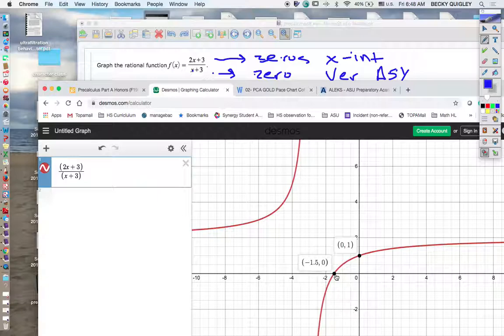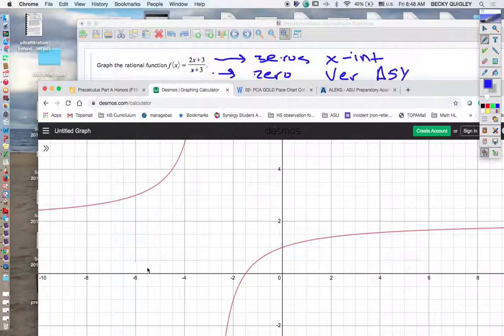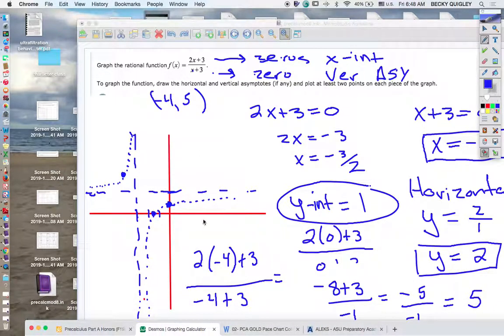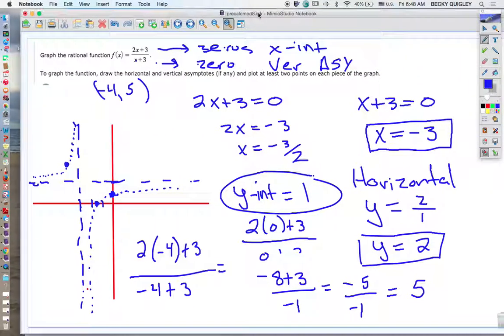We can see our x-intercept at -1.5. And you can tell that this is approaching 2, so our horizontal asymptote. And then same here, you can see it's approaching -3 for our vertical asymptote. So we know that we did a pretty decent job on our rough sketch.